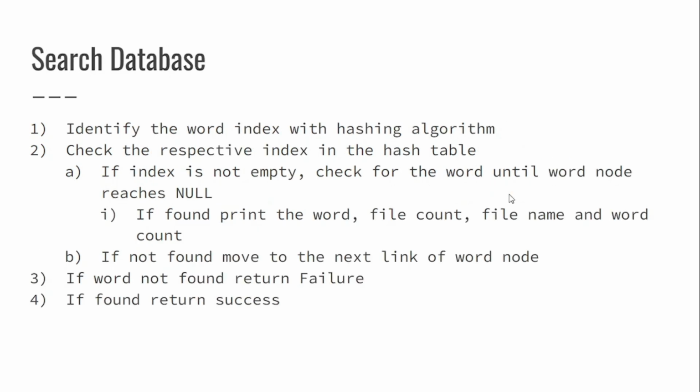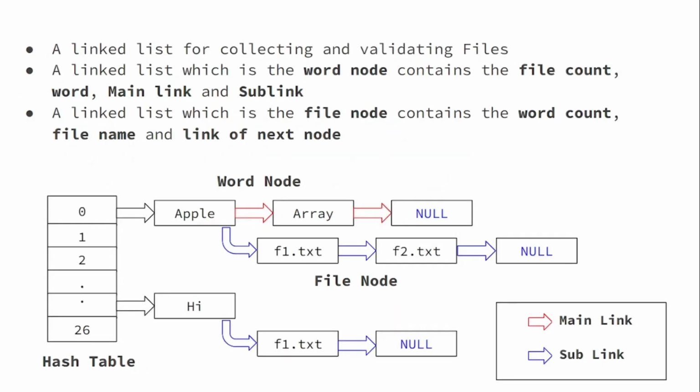Then comes the search database function. Here we will first identify the word index with the hashing algorithm. Let us say we want to search apple. So with the hashing algorithm, we will find the word index, which is 0. Then we will check for the word apple.